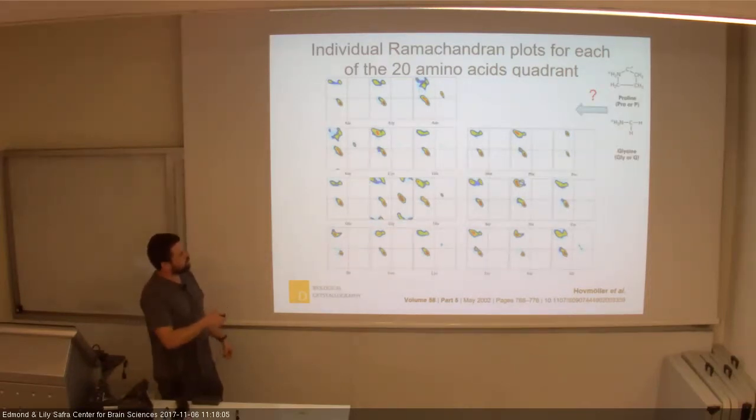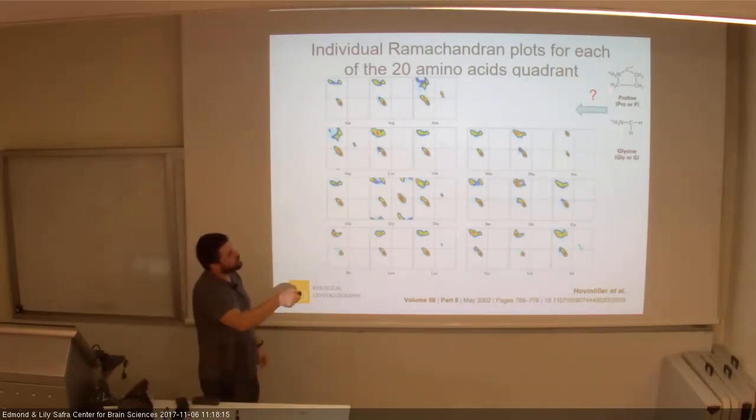We said that glycine will be more permissive, allowing many more angles because it has a very small side group, and proline will be much more restricted, because one of the angles is degenerated, it can't actually move, since its side group is connected to the backbone of the amino acid itself.